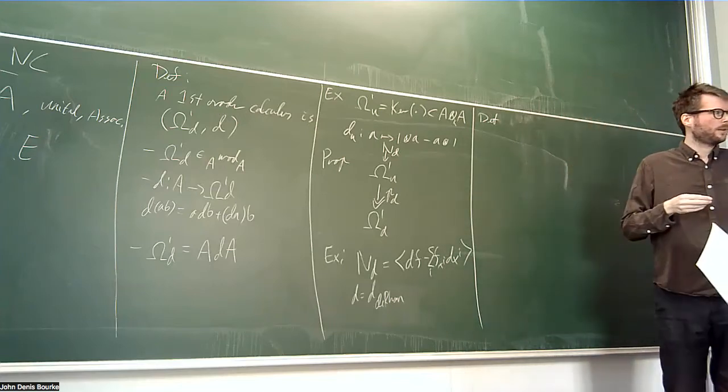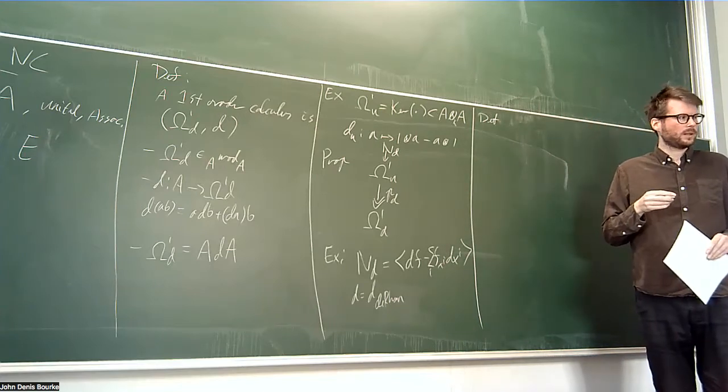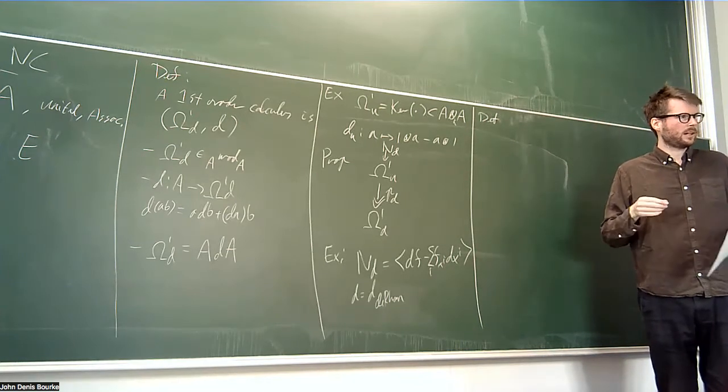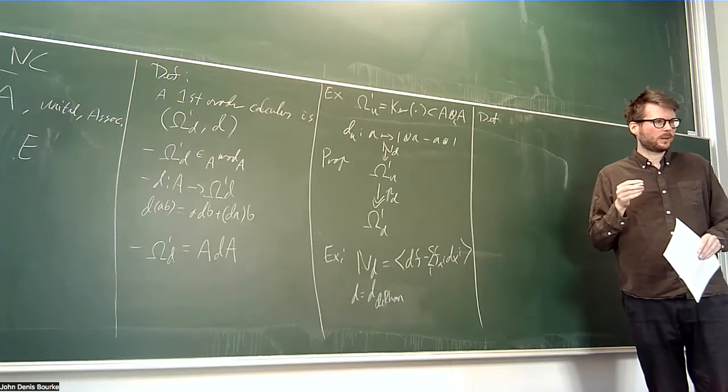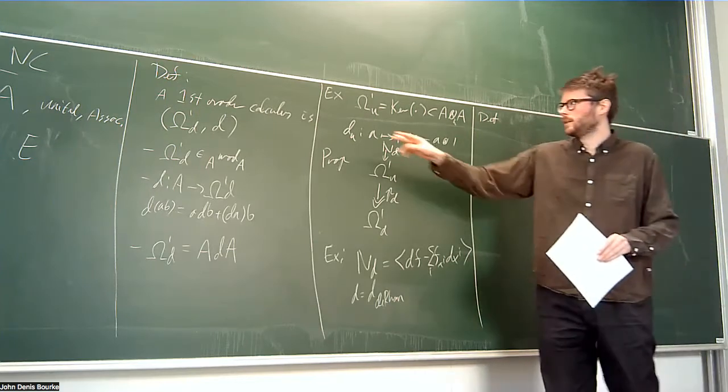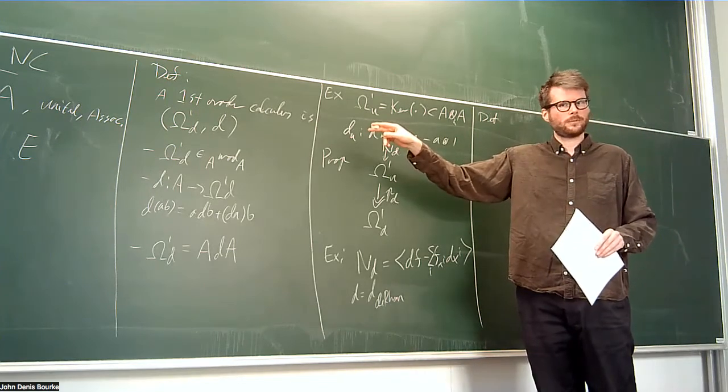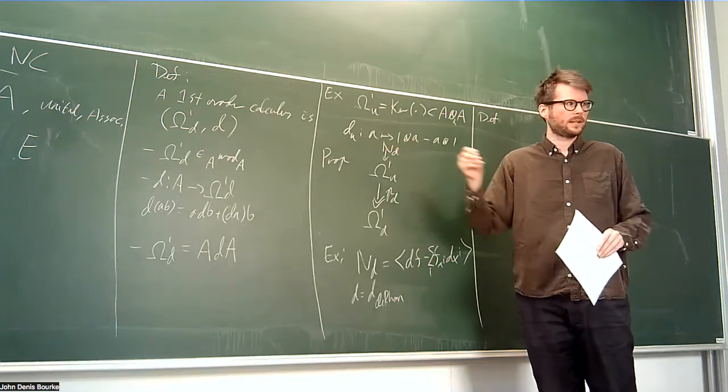Okay, so if you have a first order calculus, you can extend it to an exterior algebra, which is just a differential graded algebra that has A as its zeroth order term, and omega 1 as its first order term.